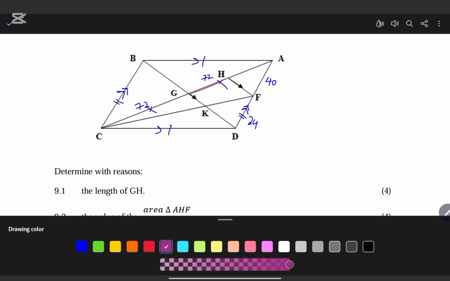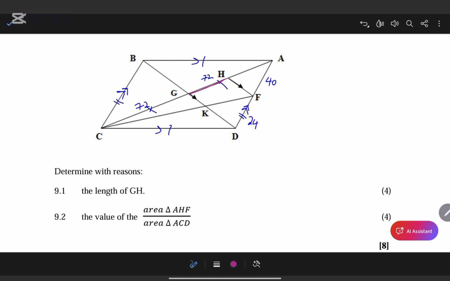GH is this length here in triangle AGD. When you look at triangle ADG, they told us that HF is parallel to GC. It is marked here that these two lines are parallel. Therefore, we can apply the proportionality theorem here.